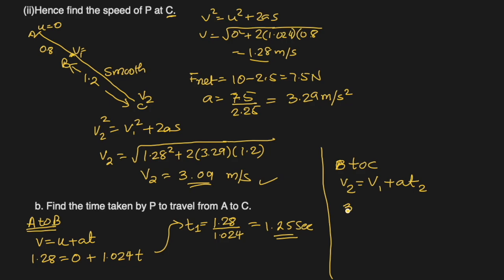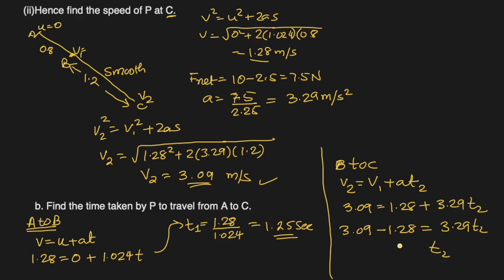So we can write 3.09 equal to V1, which was 1.28, plus the acceleration we got in this case, 3.29, times T2. So we'll bring this one first to the left side. 3.09 minus 1.28 equal to 3.29 T2.